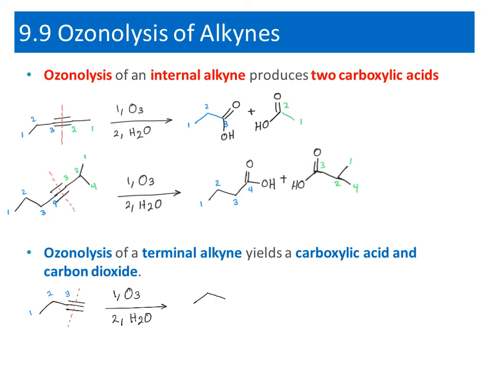Okay, and then we are gonna add carboxylic acid functional group. Now in the right side, we only have 1 carbon, and the best product that can be formed here is carbon dioxide. So whenever we have a terminal alkyne, one of the product should be carbon dioxide and the other one would be a carboxylic acid.